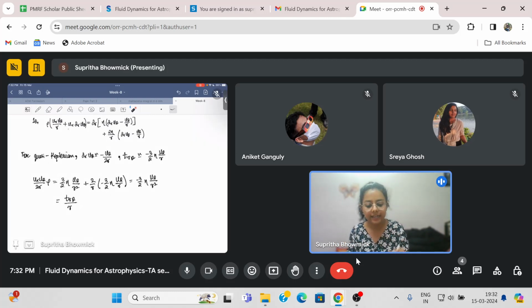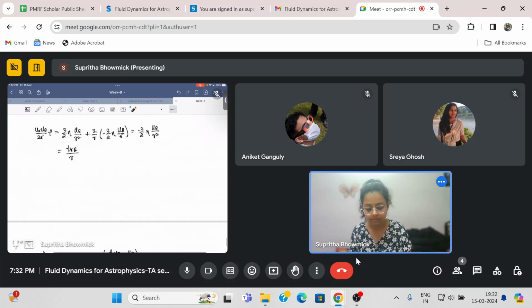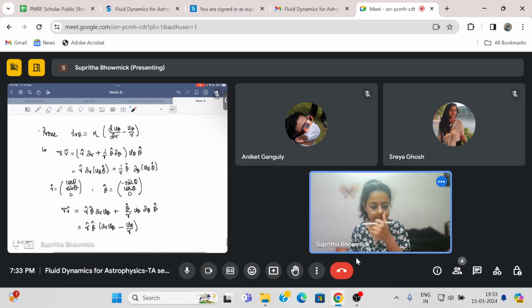So now let's see why T r theta is this. Okay. You know what the viscosity stress tensor was? It was the gradient of the velocity. Now velocity is a vector. So the gradient of a vector is like a tensor.